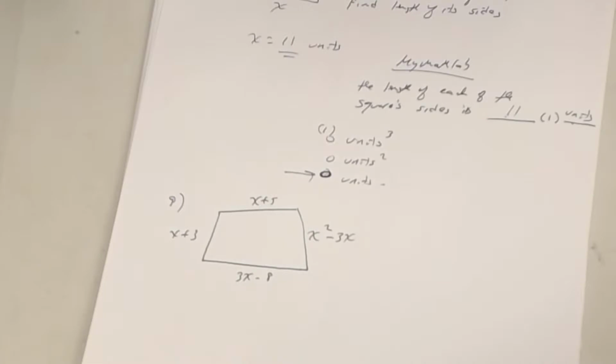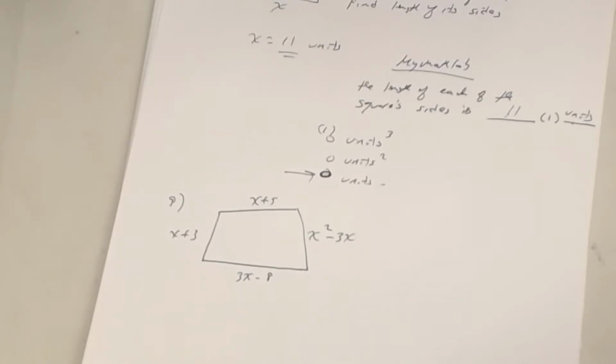Okay? All right. So you have this quadrilateral. Those are the 4 sides. And you're told in the problem, number 9, that the perimeter of this quadrilateral is what? 120 centimeters. What does perimeter mean? What do you do to the sides? You add them up. So the perimeter means the distance around a figure. That's what that means. The distance around it.